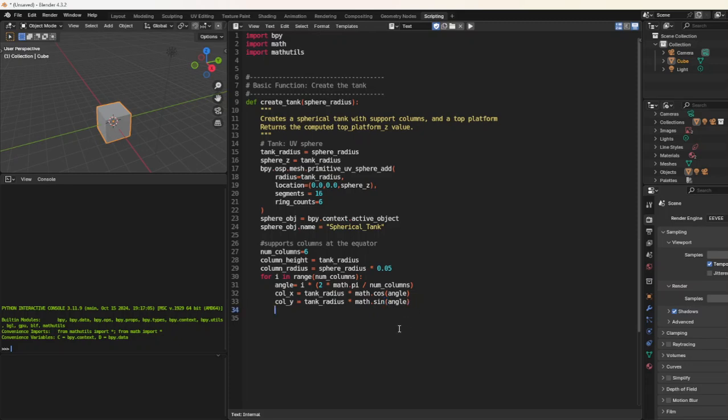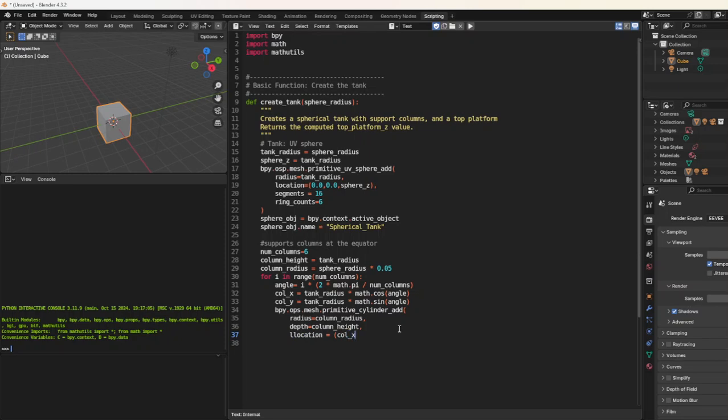Alright, bpy ops mesh primitive cylinder add, radius is equal to column radius, depth is column depth, height, and location.